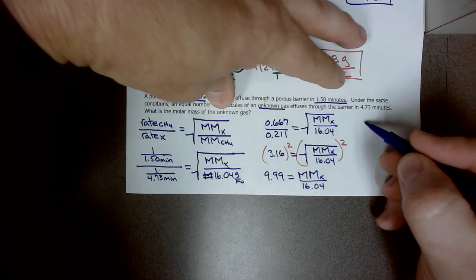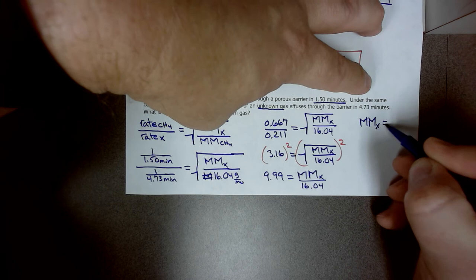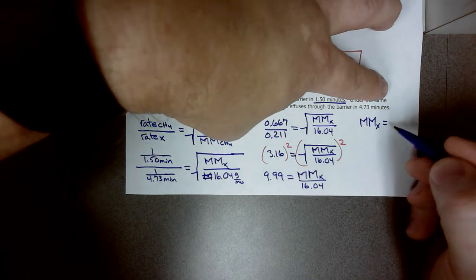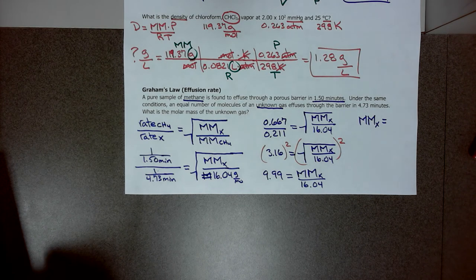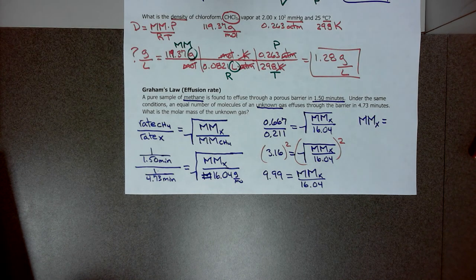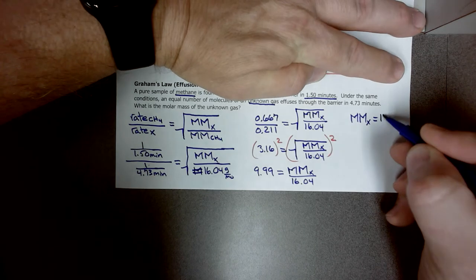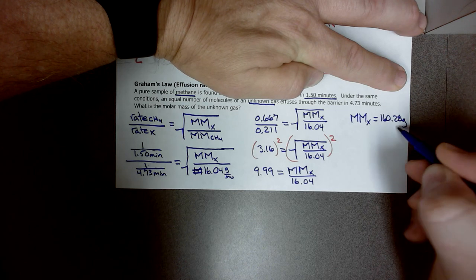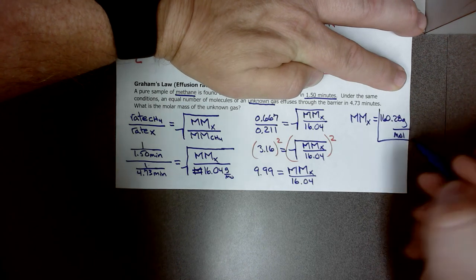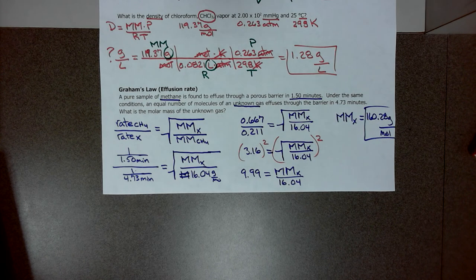So the molar mass of X is equal to 9.99 times 16.04, which gives me a molar mass of 160.28. And remember, we go 2 decimal places for all our molar masses. So there we go. The molar mass of the unknown gas is 160.28.